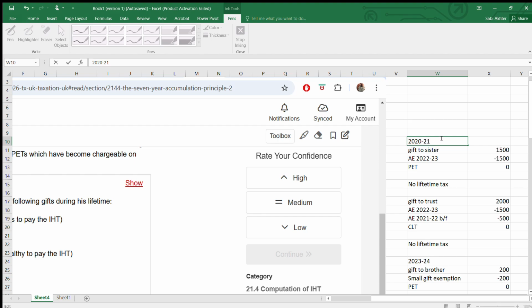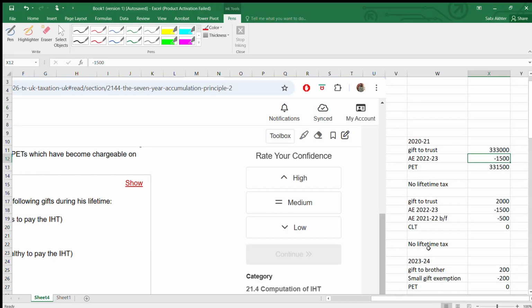Here it is a gift to trust, and the worth is 333,000. Okay, as you can see here.